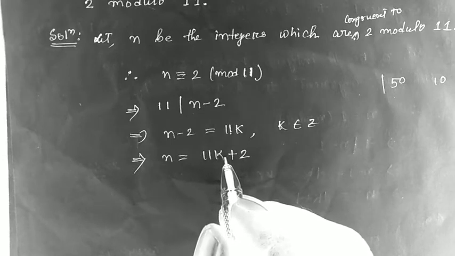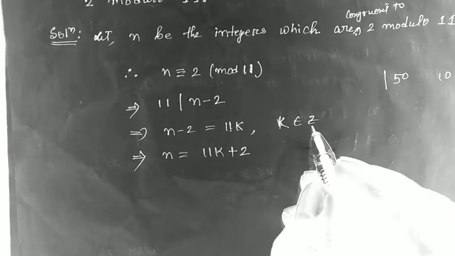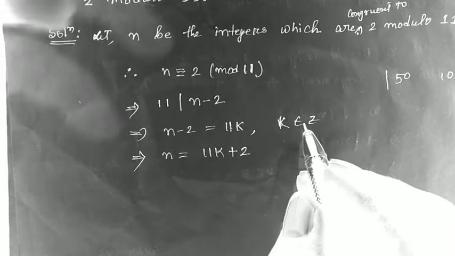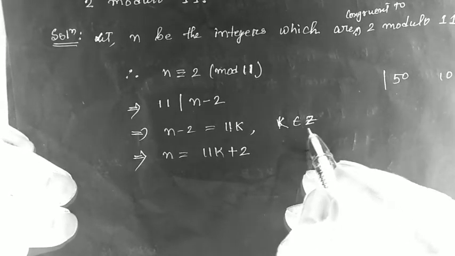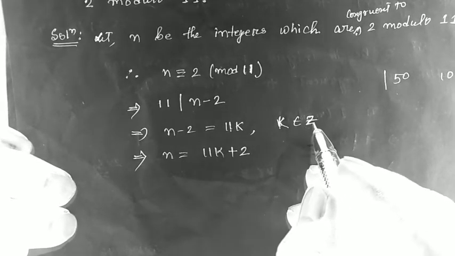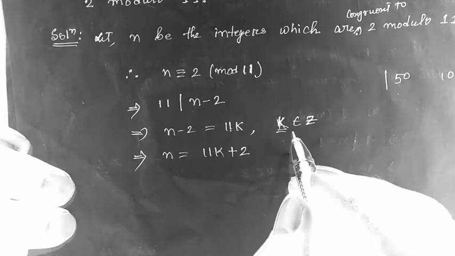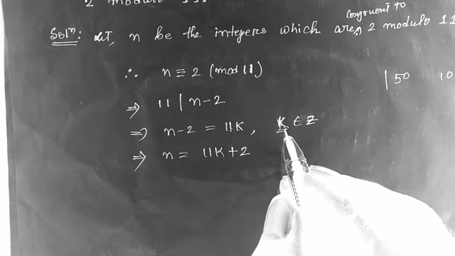The possible values of k will be all the integers, because k belongs to Z and there is no condition for k in this question.